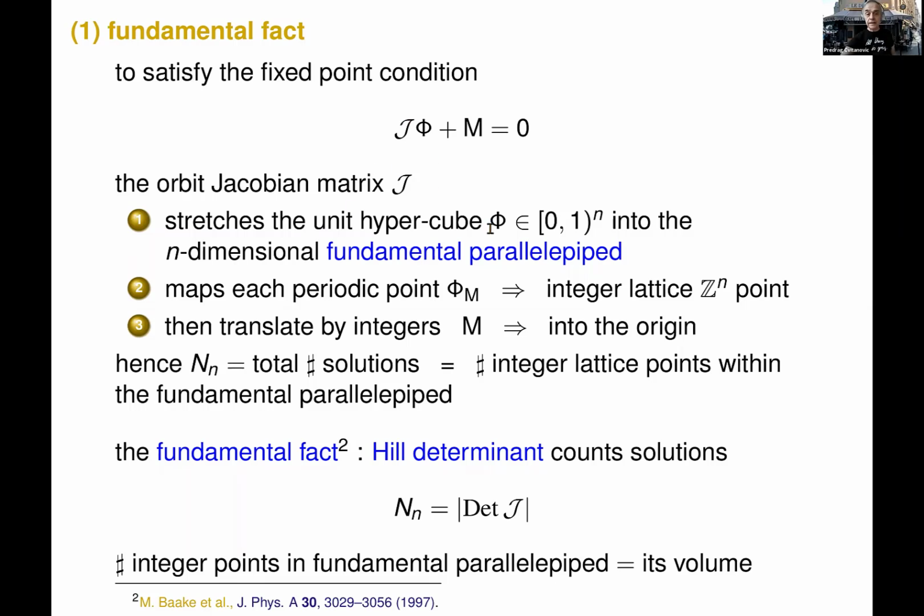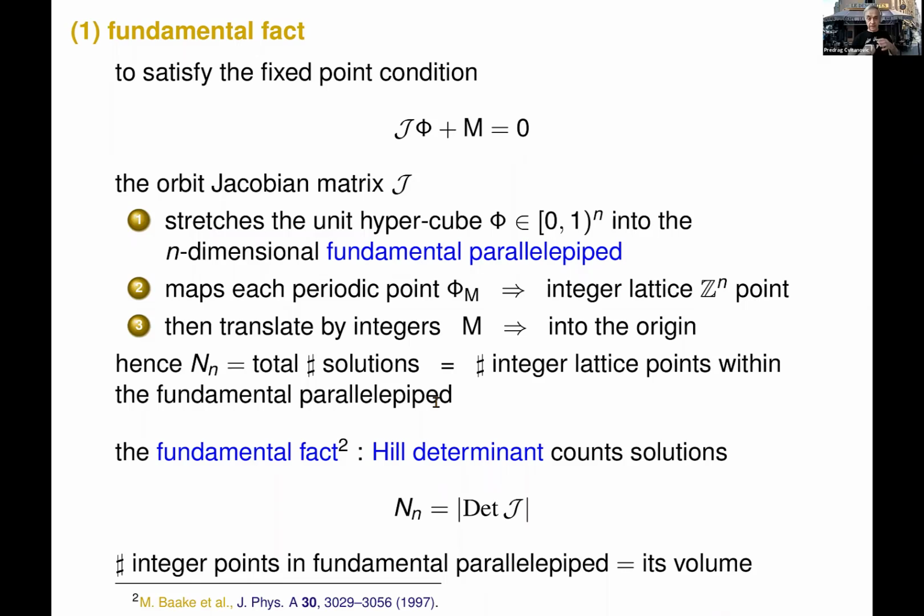So what the orbit Jacobian matrix does is take the unit hypercube, phi sits in the unit hypercube, stretches it out into something called a fundamental parallelepiped in any dimension. And then every periodic point, every solution has to be mapped on the integer lattice, and then you translate it back to solve this equation.